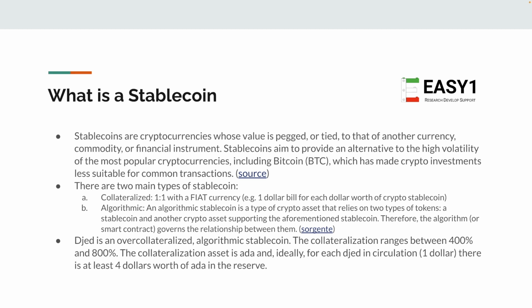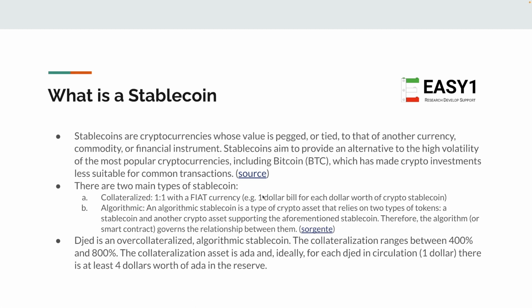A stablecoin, in our case Djed, and another crypto asset supporting the aforementioned stablecoin. Therefore, the algorithm, or smart contract in the case of blockchains, governs the relationship between them. Here too I had to replace the Italian word "sorgente" with "source", which is where I took the definition from.